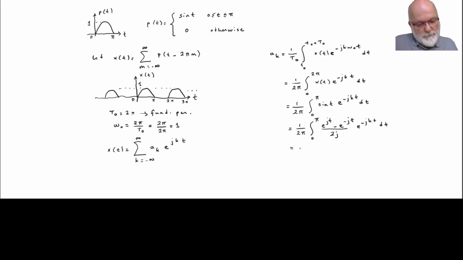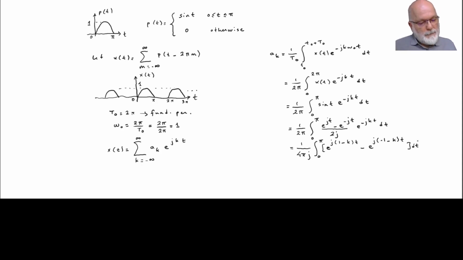So this becomes, we can take 2j outside the integral, 1 over 4 pi j, the integral from 0 to pi of e to the j(1 minus k)t minus e to the j(minus 1 minus k)t, this expression integrated with respect to t.